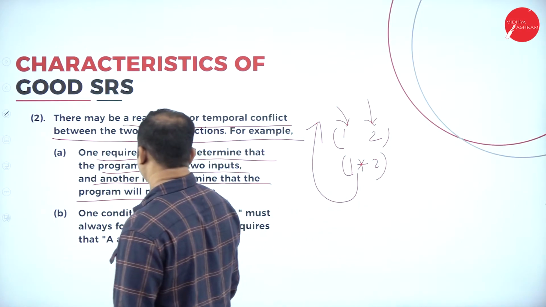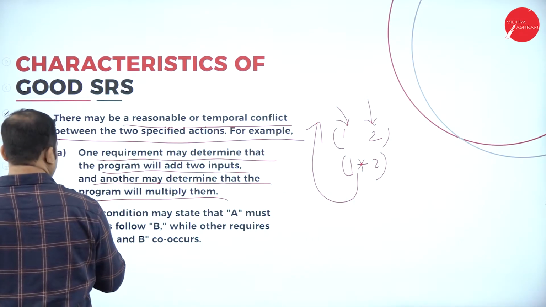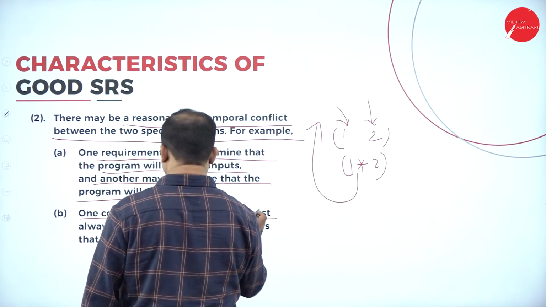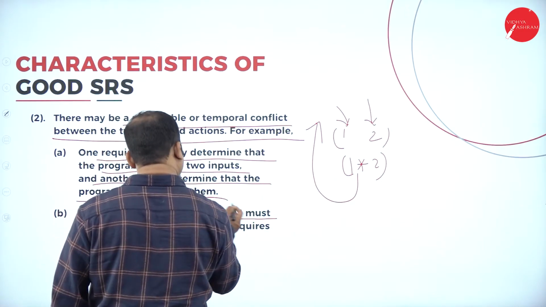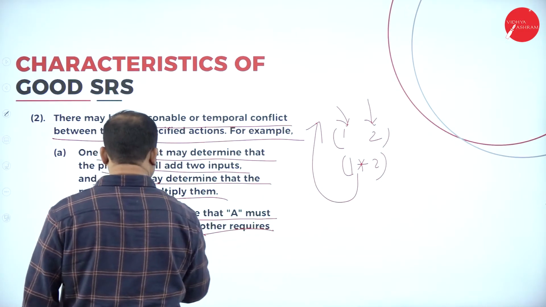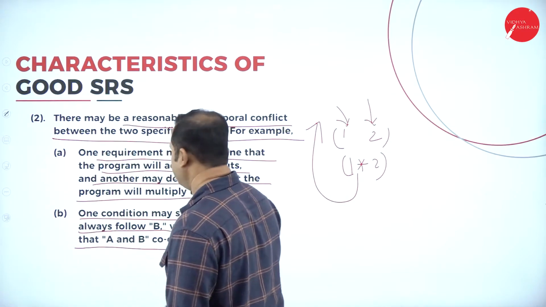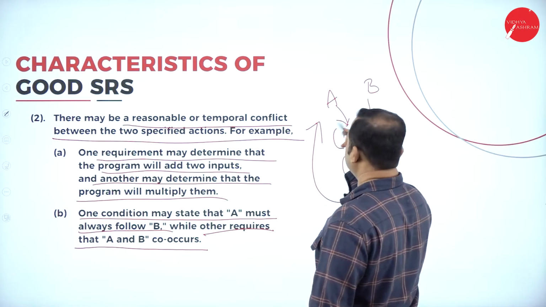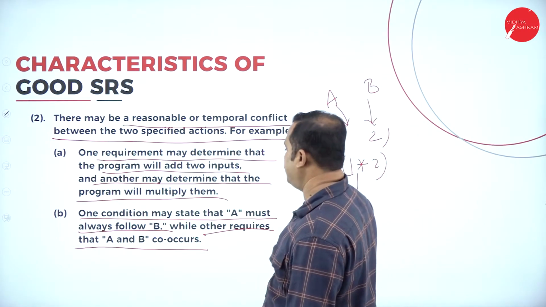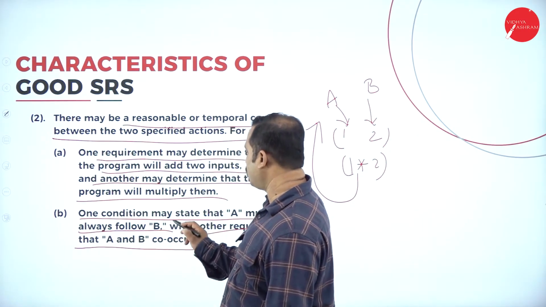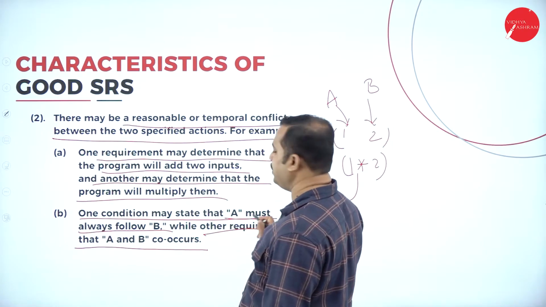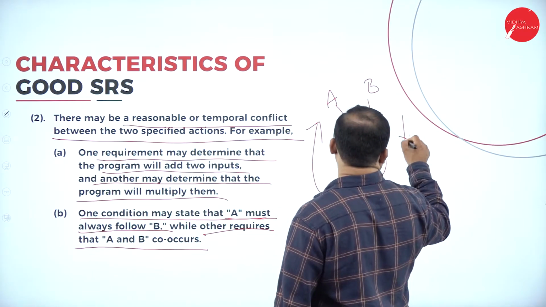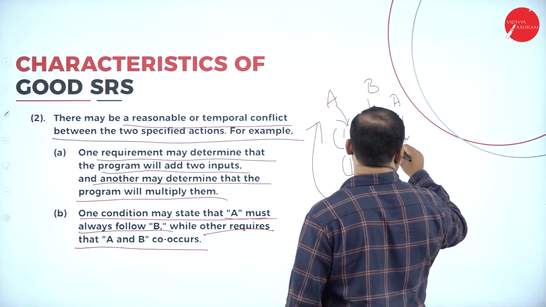That is the conflict. Then one condition may state that A must always follow B, while another requires that A and B co-occur. That means A and B occur simultaneously. But in the other, A must follow B. That means first B, then A follows.